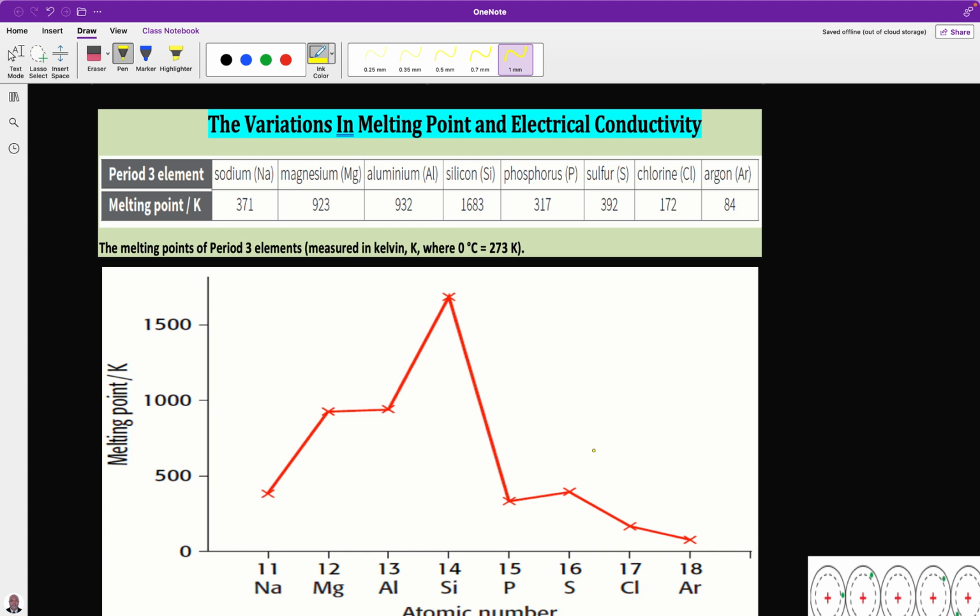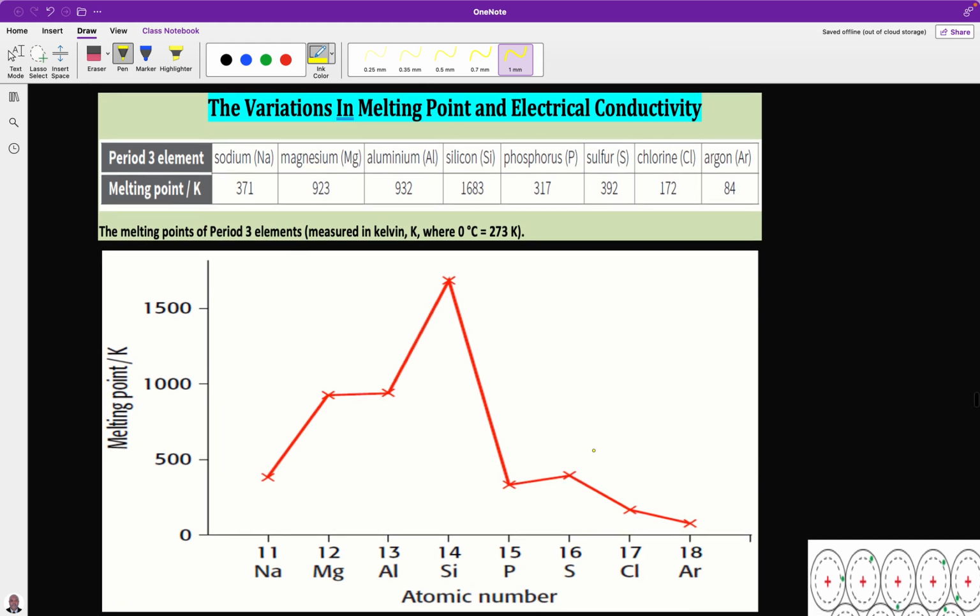The type of bonding in the compound will determine what the boiling point and the melting point are going to look like. And then the electrons: are there delocalized electrons? And the type of bonding, the type of structure.